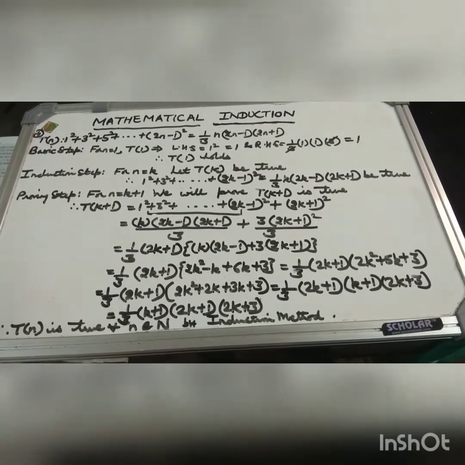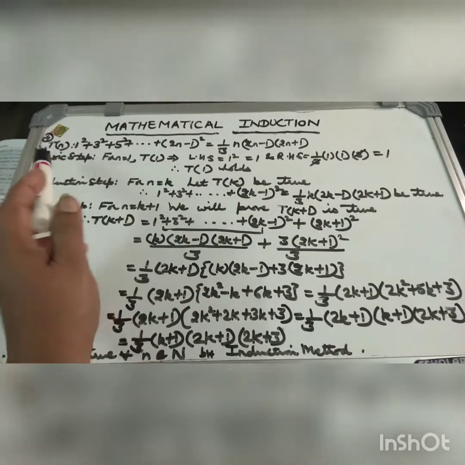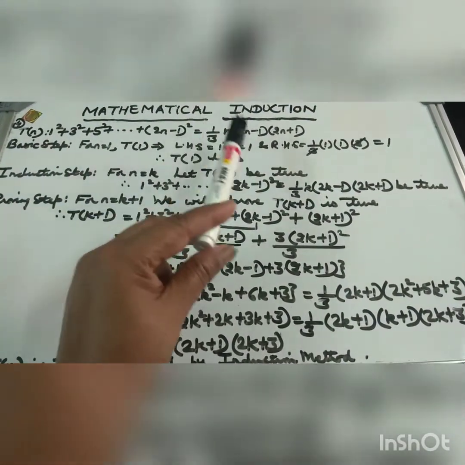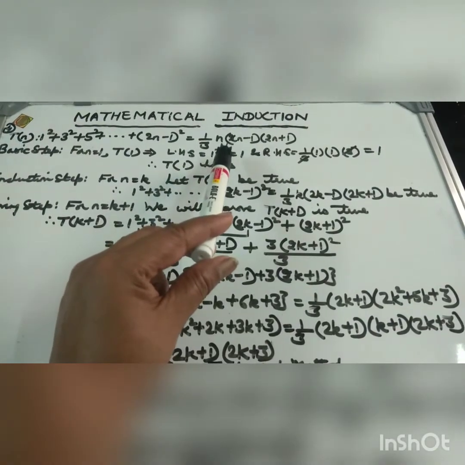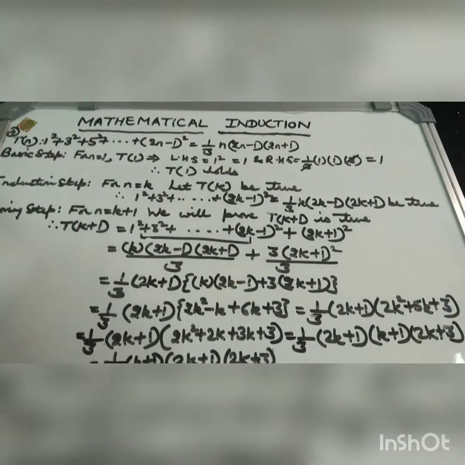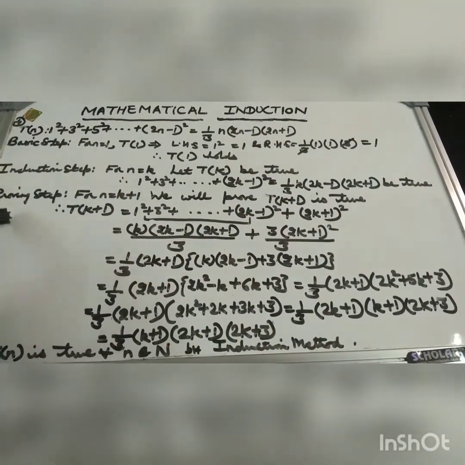Now look, obviously if you observe the statement, it is 1 square plus 3 square plus 5 square up to 2n minus 1 whole square equals to 1 by 3 into n into 2n minus 1 into 2n plus 1. Now obviously I have already explained you that 3 basic steps are there.